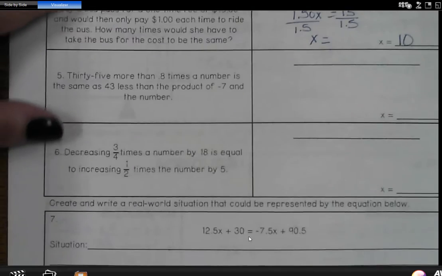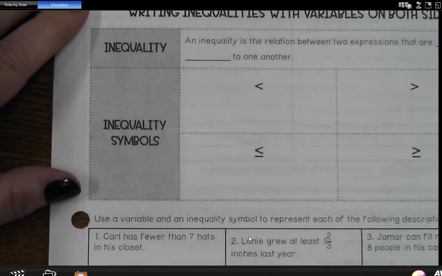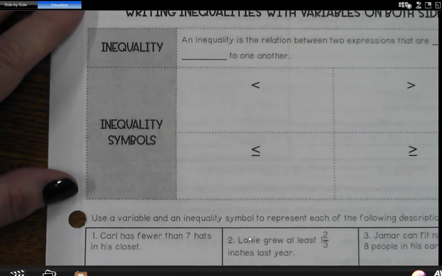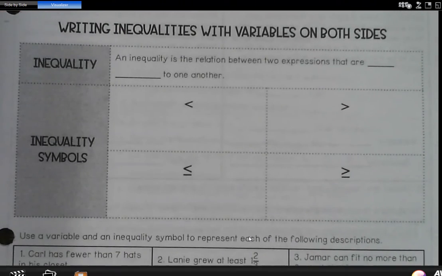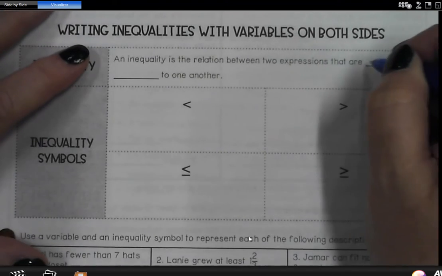All right. Let's go to part 6. Okay, so an inequality is when something is not equal.